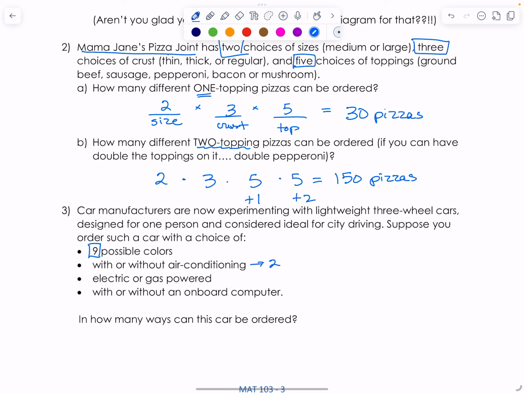You can have electric or gas, so 2 choices there. You could have with or without an onboard computer, so 2 choices there. All I have to do is multiply all those together: 9 times 2 times 2 times 2, that's really like 9 times 8, which is 72. So we could get 72 different kinds of cars.